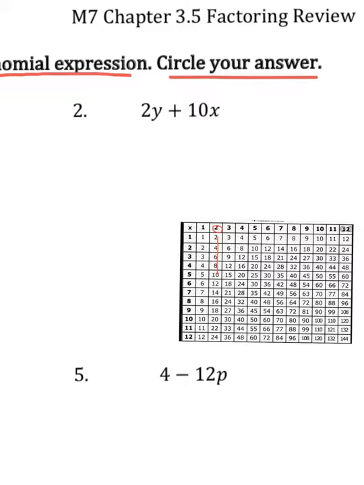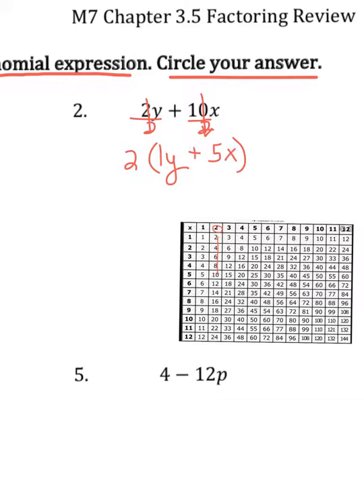And we can, because we ultimately want our y to be a 1. So let's factor out the 2. Divide them by 2. So 2 divided by 2 is 1y, and 10 divided by 2 is positive 5x.